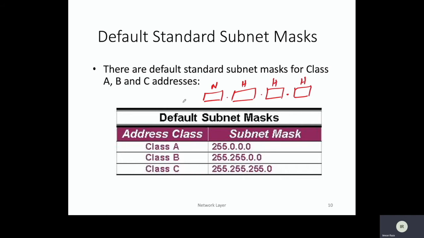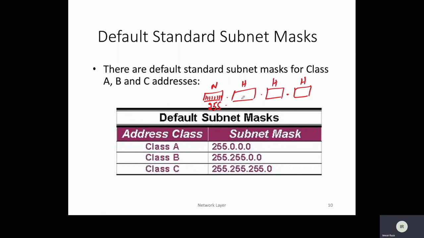As a first step, I will turn all the network bits to 1. In order to calculate the subnet mask, I represent it in binary, and I set all the network portion bits to 1. If all the bits are set in an octet, what will be the highest value of the octet? Yes, you're right, 255.